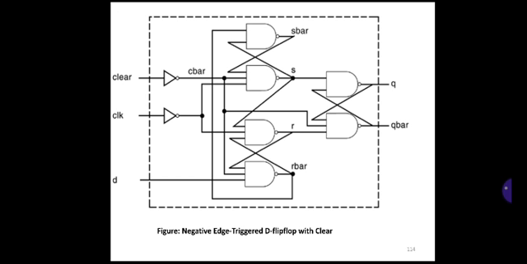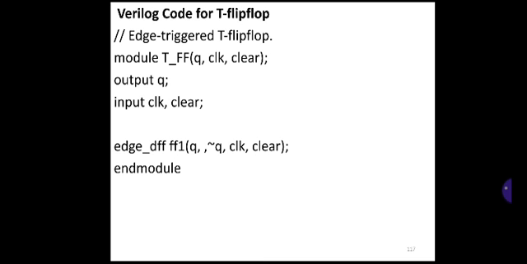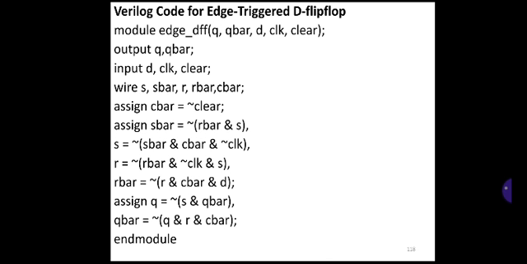Q, the NAND gate output is Q, its input is coming from S and Q bar, and Q bar is one more output, its inputs are coming from 3 different sources. One is from Q, another one is from C bar and another one is from R. So that's how the code is written here. Q, R and C bar are all ANDed and the complement of that one is taken, end module.